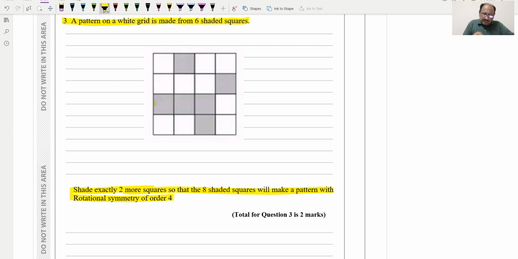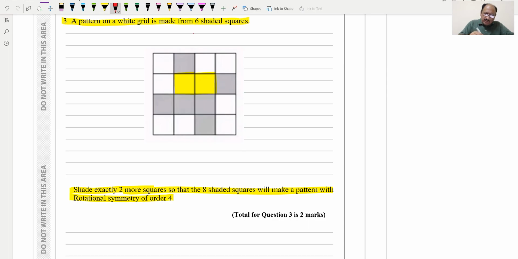If we check this side and this side, we can shade this one so that it will be symmetric, and we can shade basically this one box, and the second box is this one which we can shade. And now it has rotational symmetry of order 4.